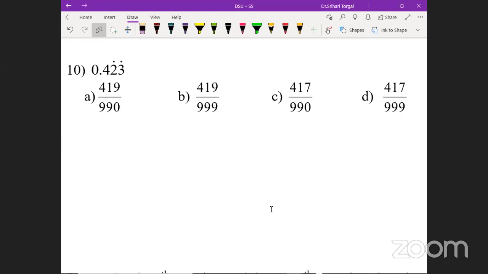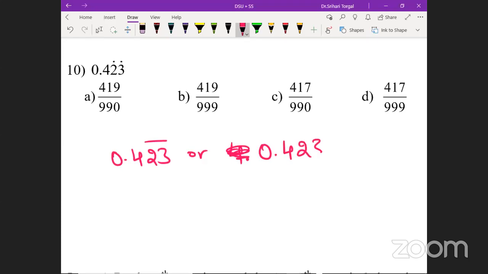Yes, Chandrika. Yeah, tell me the answer for this. Sometimes they will give you a dot like this, 0.423, instead of giving a bar above. Instead of giving the bar, they will put the dot. Don't worry about that, just go ahead.